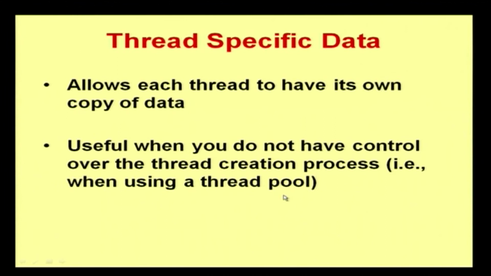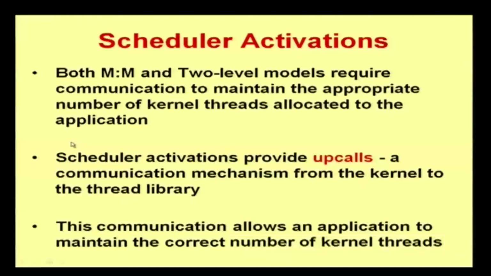Then let us go on to the next threading issue, called scheduler activation. What do you mean by a scheduler activation? We have seen the multi-threading models. One of them was the many-to-many model, wherein many user threads get mapped with many different kernel threads.